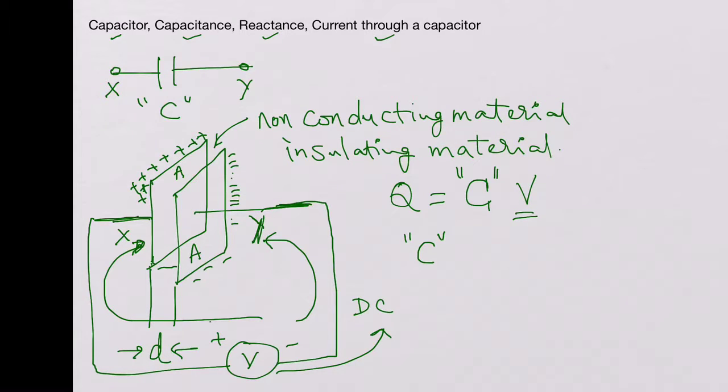So C is directly proportional to the cross-sectional area of the plates, and C is inversely proportional to the distance between the plates.